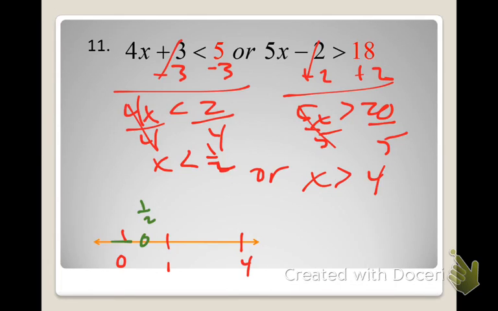Open. And we want less than 1/2, so we're going this way. And then open circle on 4. We want greater than, so we're going this way. Okay? And there are your oars on a boat. Okay? Questions there? All right.